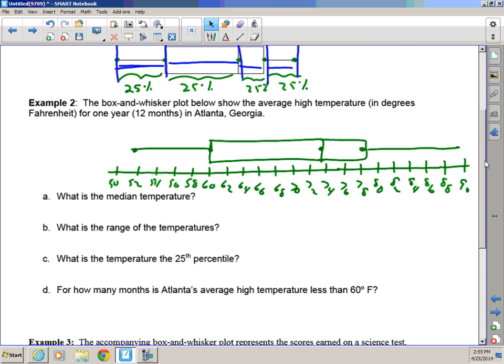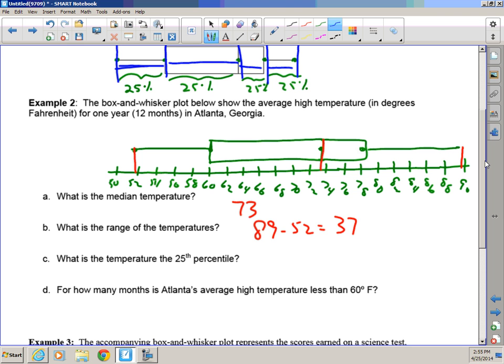All right. What is the median temperature? The median, and it's meant to be right in the middle there, is 73. What is the range of the temperatures? The high is 89. Sorry, my orientation's a little off. The low is 37 degrees.